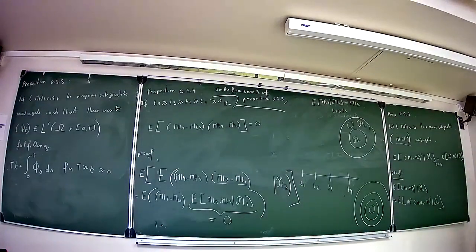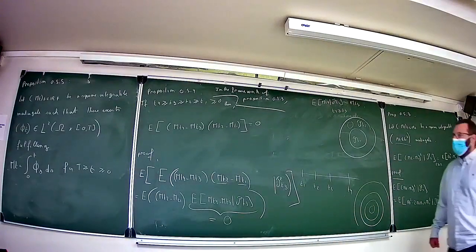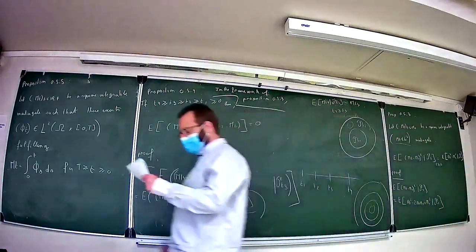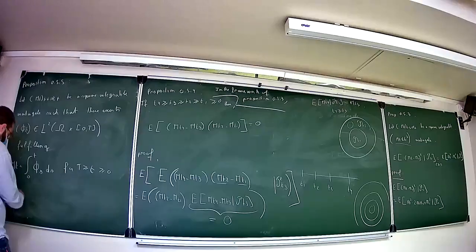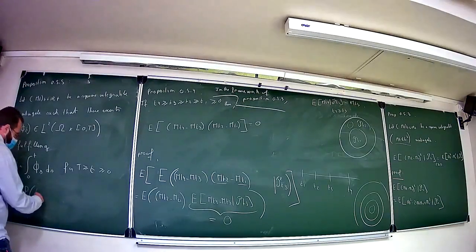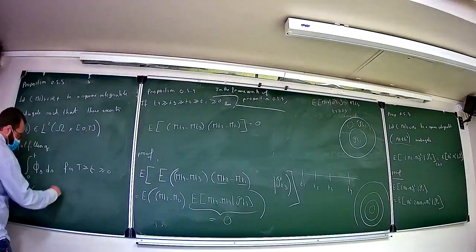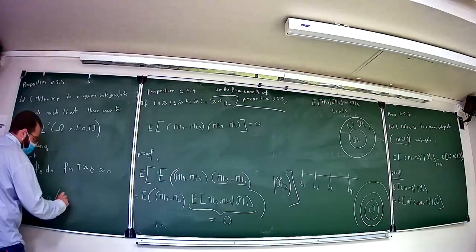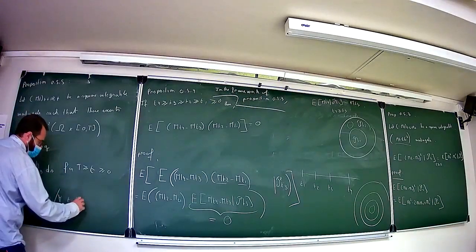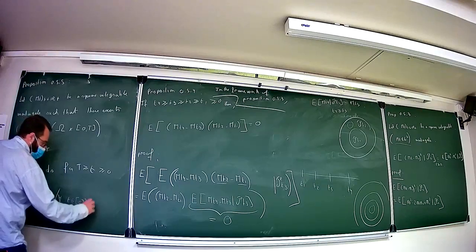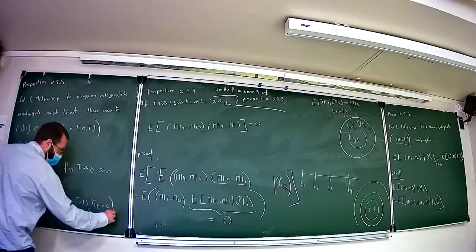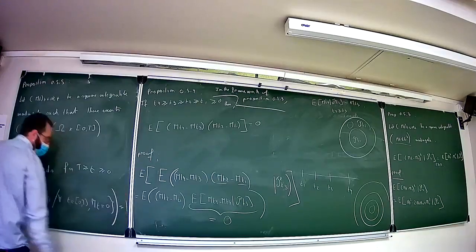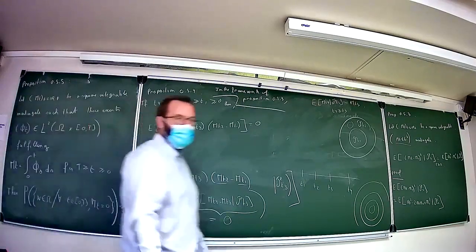So MT is equal to the integral between 0 and t of phi of s ds for t between 0 and capital T, and then the probability of the set of the omega belonging to Omega such that for all t belonging to 0 capital T, MT is equal to 0, this set has a probability equal to 1.